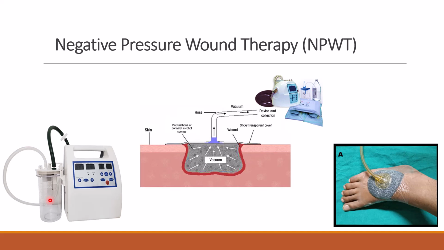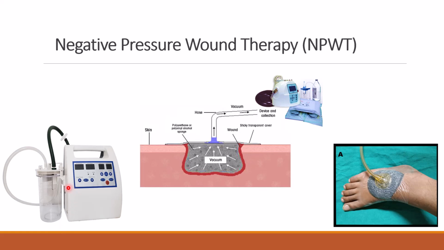The working principle, as we said, we have a vacuum here, and the vacuum can be applied on the wound just to make the healing period faster. After that, we are going to collect all of these fluids coming from the wound in this container, and we will throw it away and clean it after that.